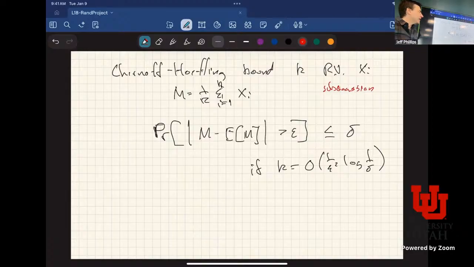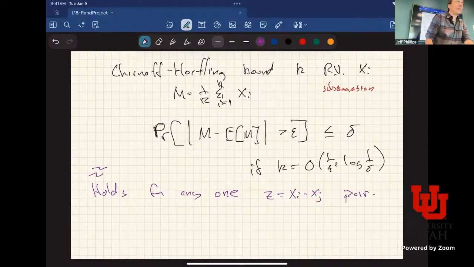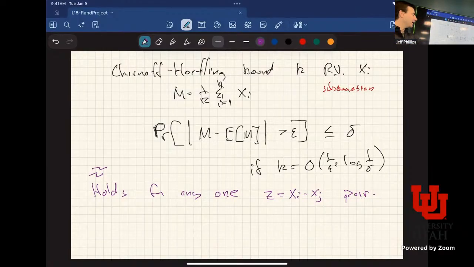This will work for any one question I ask. I'm looking at one quantity, and this approximately holds for any one z equals x_i minus x_j, so this is a pair. If I want to preserve the distance for a pair of points, I can project onto this many subspaces, and for any one pair I will get a 1 plus epsilon approximation.